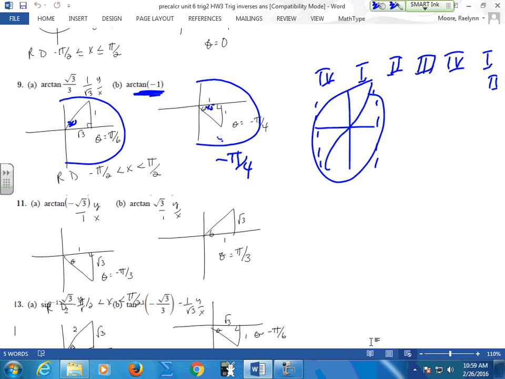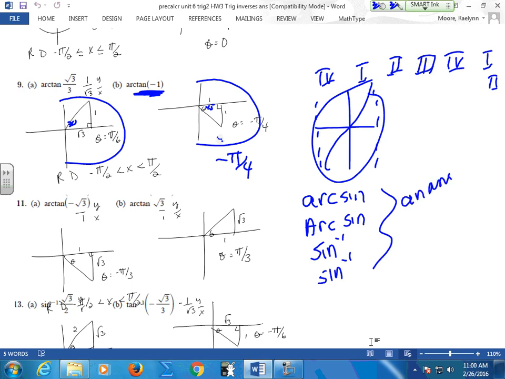And if you see arc, whether you see small a with any of your functions, large a with any of your functions, sine negative 1 or tan negative 1, even a small s, these all mean an angle whose sine or cosine is in the restricted domain.